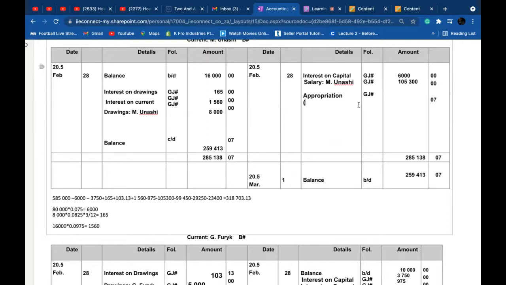We're taking this 318,703.13, and then we're saying, what is Unashi's share? 6 of 11.